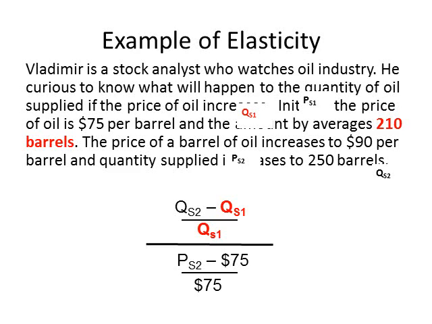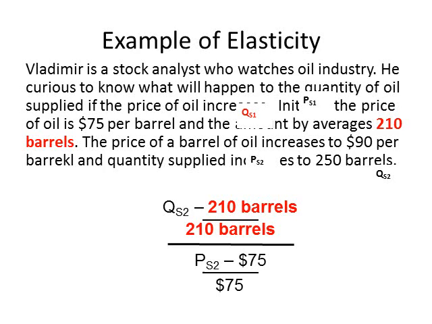Once you've located QS1 in the problem, you will notice that the associated value is 210 barrels. Next, replace QS1 in the formula with the value associated with QS1 in the problem, 210 barrels.